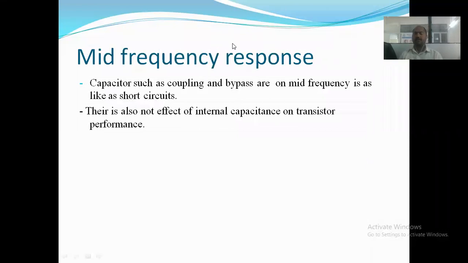This is what I have explained with respect to the frequency response of the amplifier.